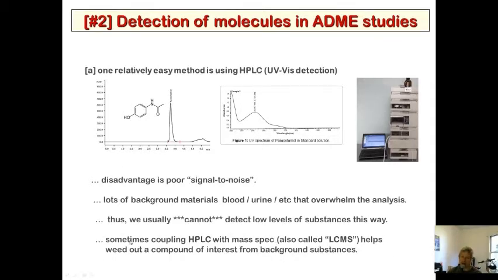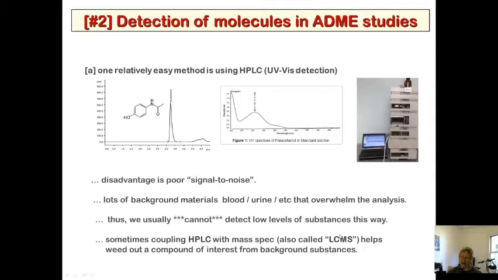Another cool thing that we can do, I don't have a nice figure for this, is coupling an HPLC with a mass spectrometer, mass spec. When you do that, HPLC plus mass spec, you get something called LCMS.